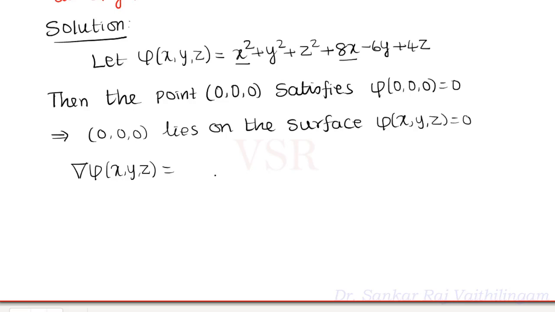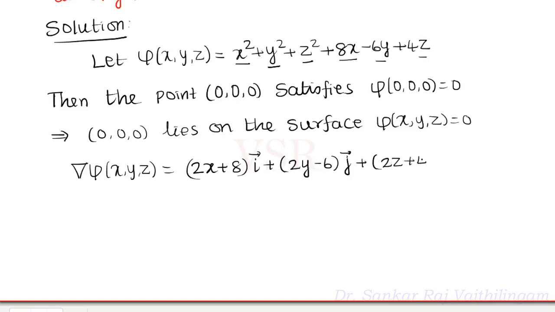So we'll have 2x plus 8 into i vector plus 2y minus 6 into j vector plus 2z plus 4 into k vector.